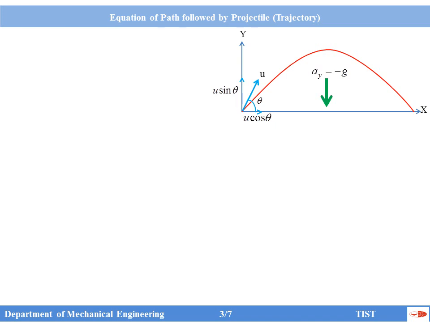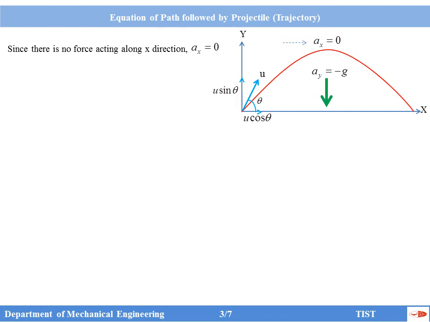Since there is no force in the x direction, Fx equals max, Fx equals 0, so ax equals 0. Only force acting on the projectile is in the y direction. So what do you mean by ax equal to 0? ax equal to 0 means there is no velocity change in the x direction, right?